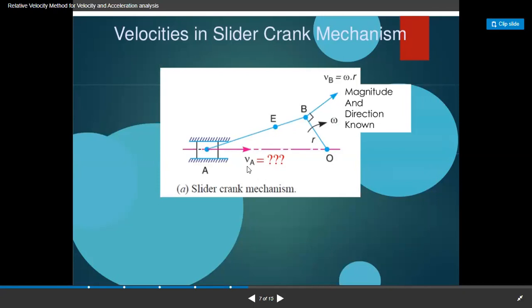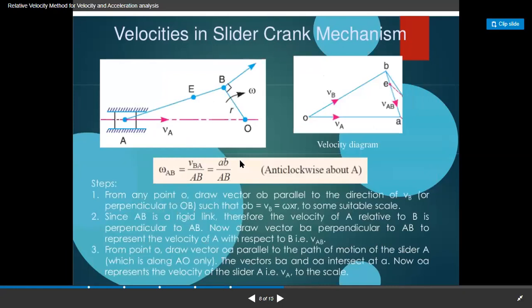We have to find the absolute velocity of A. So the process is, first you have to take a point O for the velocity diagram, right? Now, the velocity of A is along a horizontal line. Why?